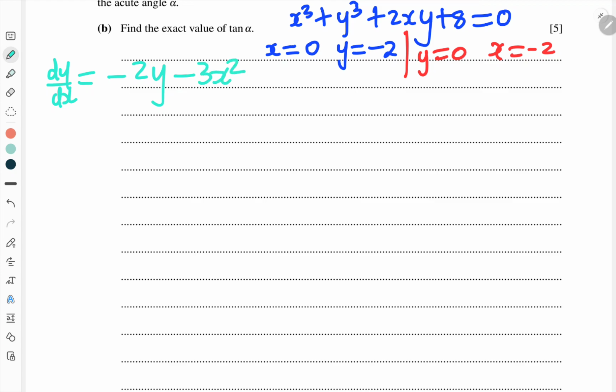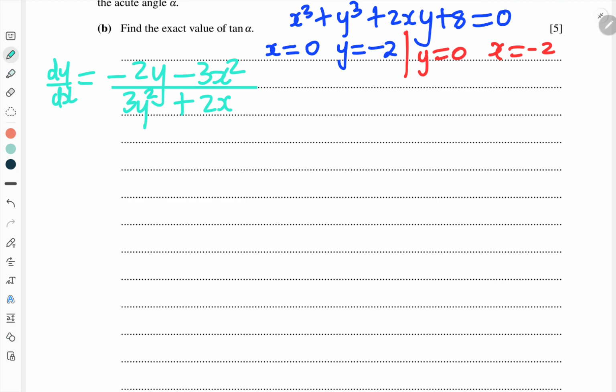This is our dy/dx. This is our gradient function that we use to find the angles, because the angles come from the tan function of gradient.